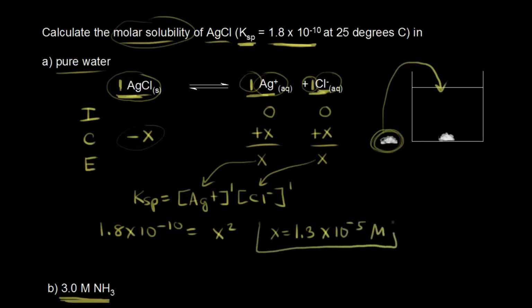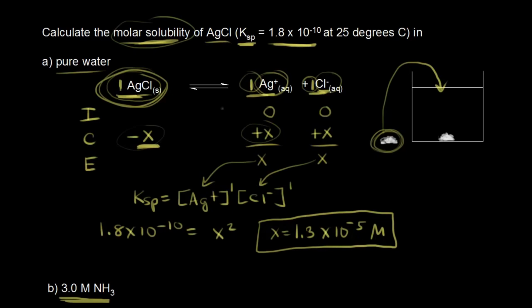That's the concentration of, let's say, our silver +1 cations in solution. That's also the molar solubility of silver chloride, right? That's how much we can dissolve. So it's a very small molar solubility. Silver chloride is only a slightly soluble compound.